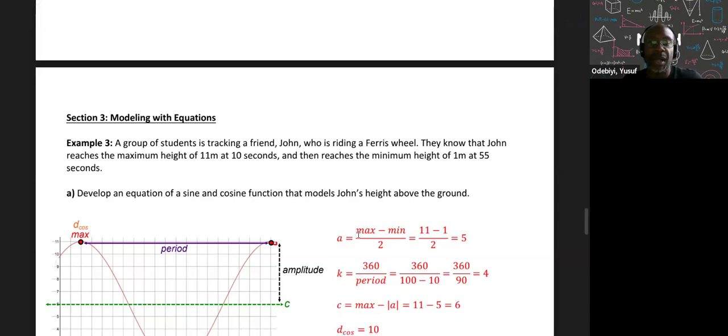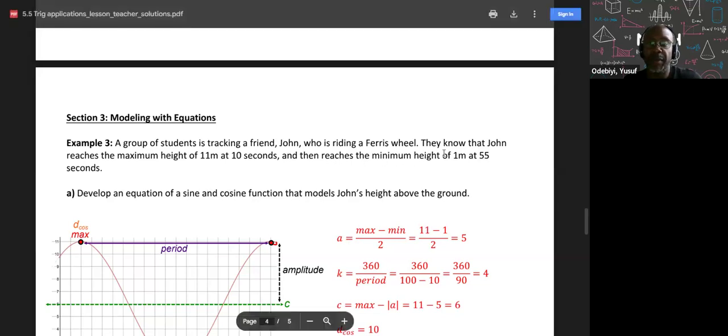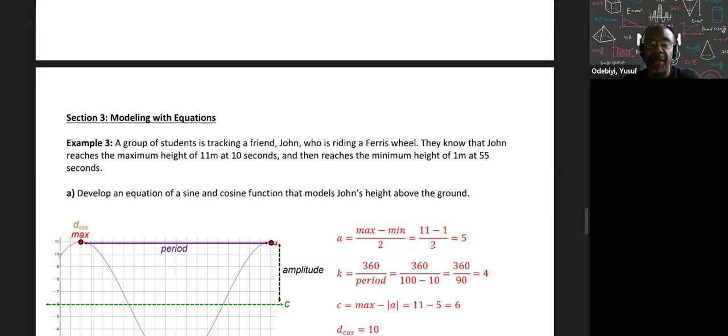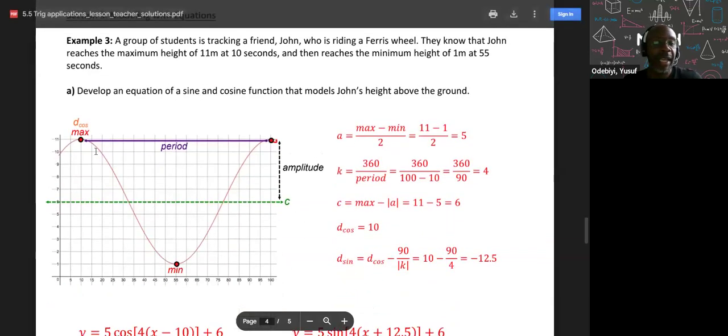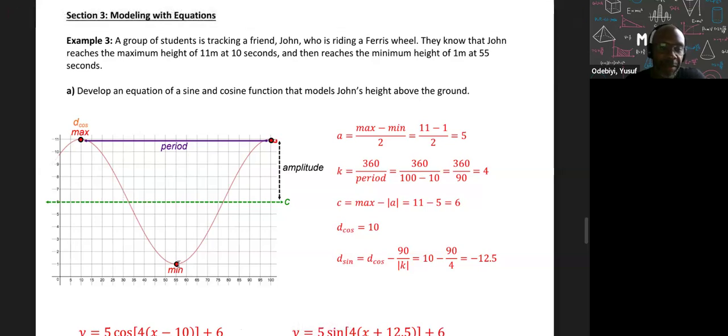So what's our amplitude? Our amplitude is our max minus our min, divided by 2. Our max was 11 and our min was 1 meter, divided by 2, equals 5. Our period, we have to figure out what our period is. If you look at the graph, at 10 seconds I was at the max, and then at 55 seconds I was at the min.